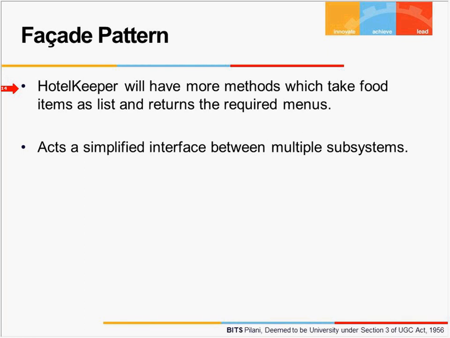But the idea is, whenever you create a facade pattern, your subsystems must implement the same interface. If you went through the previous lecture slides, you would have found it mentioned there: code for an interface.